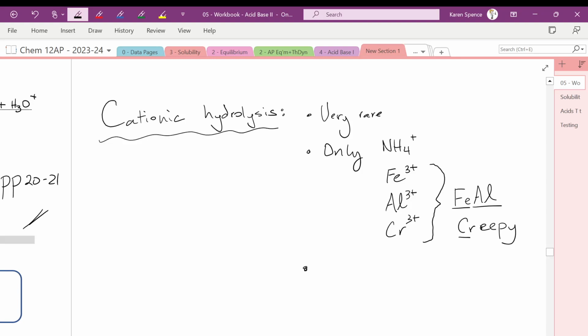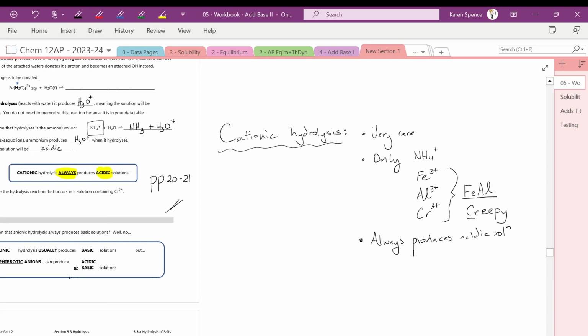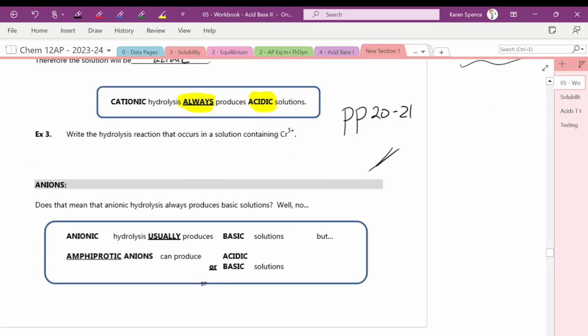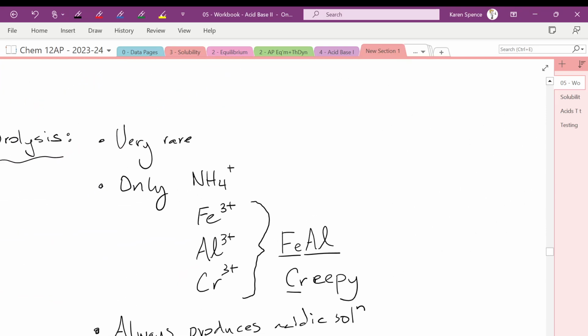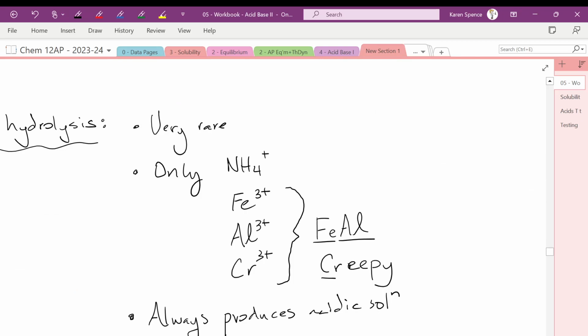Anything else we know about cationic hydrolysis? It always produces acidic solution, yes. So, we've got those 4 things.